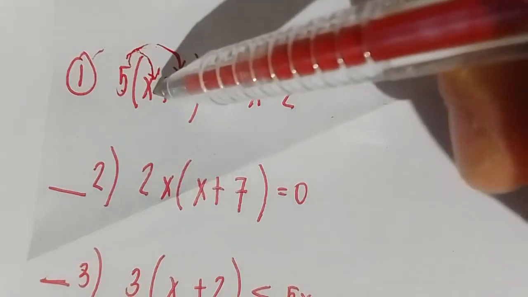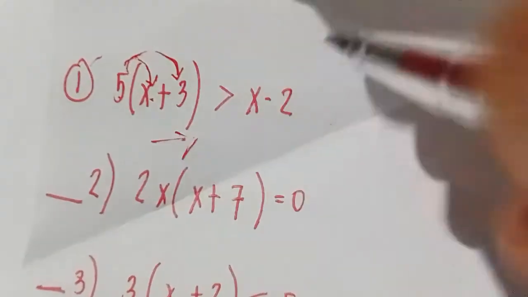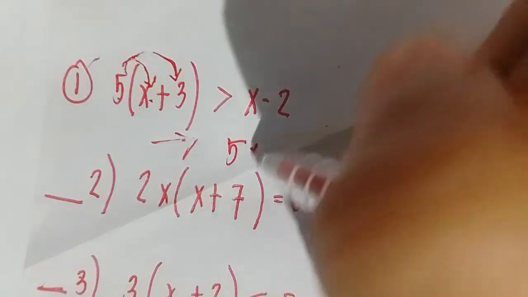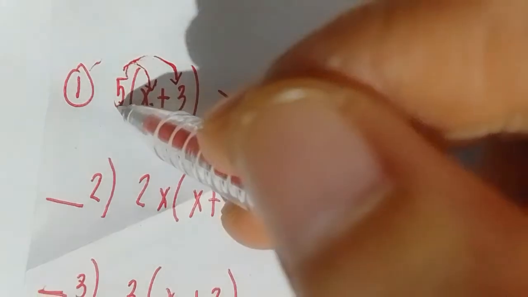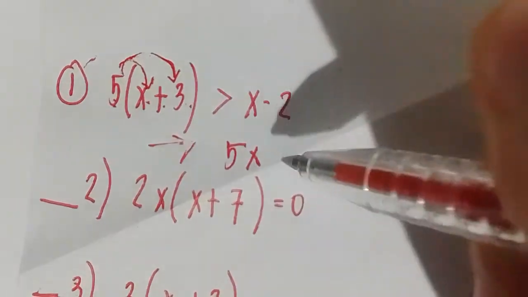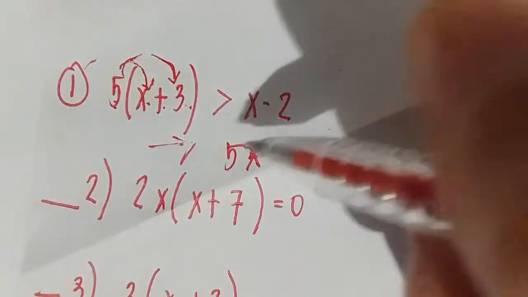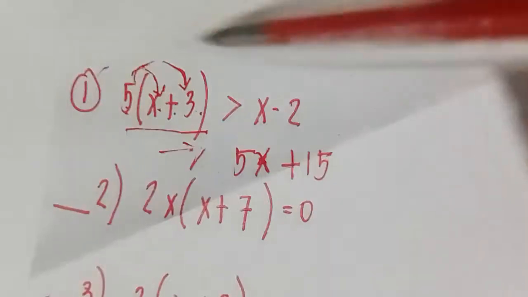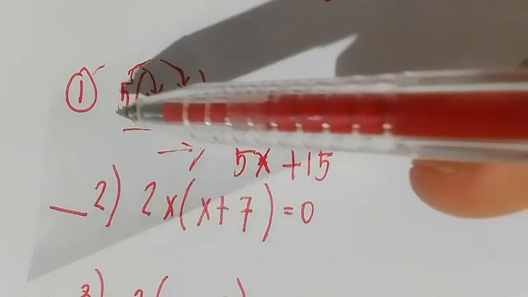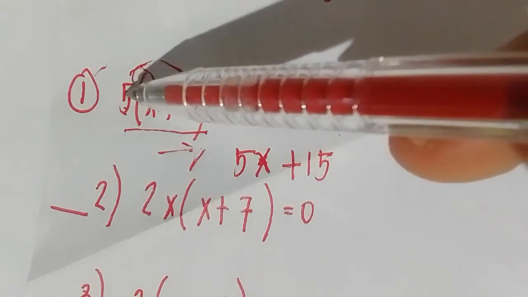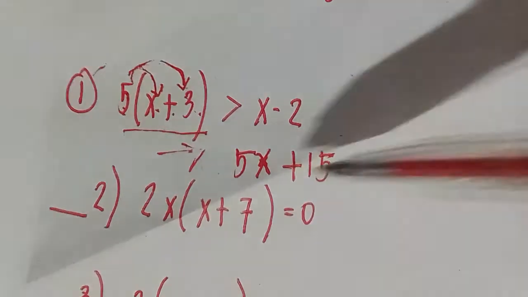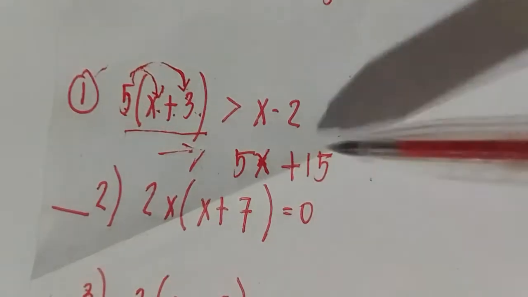So 5 times x is 5x. Next, 5 times positive 3 is positive 15. So, mao ni siya ang simplified form sa left side na to sa equation. From this factored form nga 5 times the quantity of x plus 3, nahimo na siyang 5x plus 15.